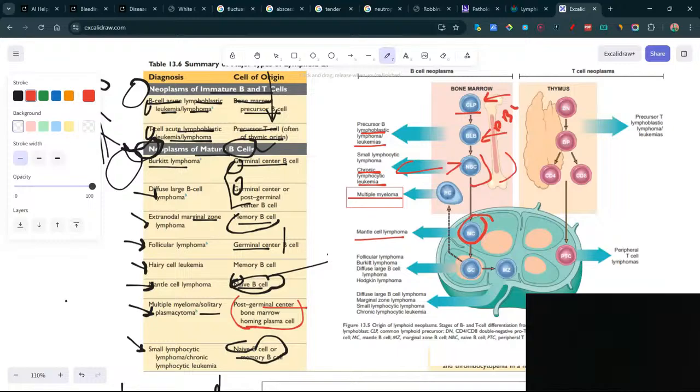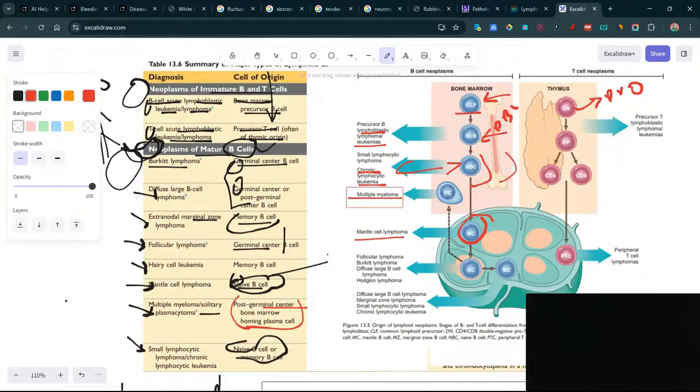So the DN is double negative pro T cell. Alright, what about DP?